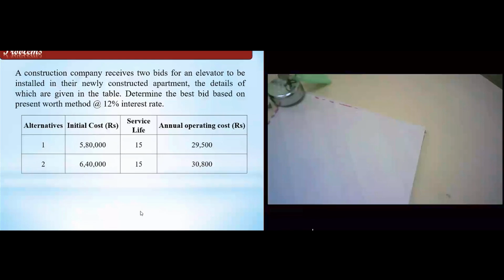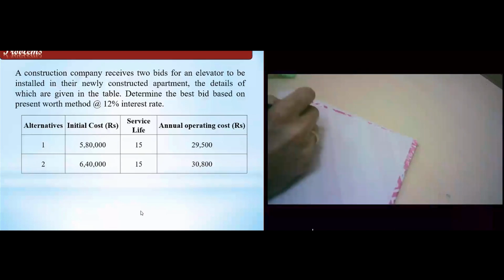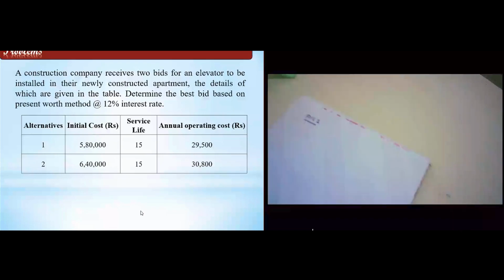Okay, so here I will just draw the cash flow diagram because now you know the concept of the time value of money. So for alternative 1, the time frame would be 15 years.